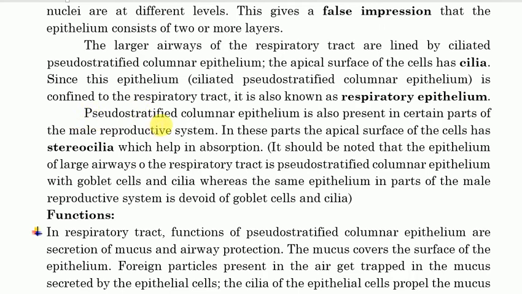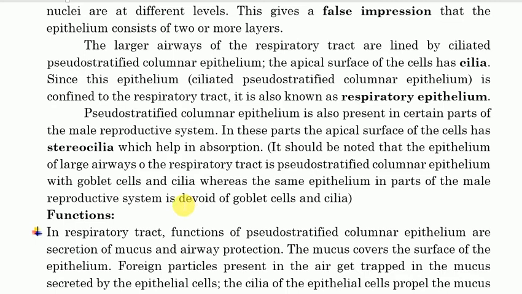So pseudostratified columnar epithelium is also present in certain parts of the male reproductive system. In these parts, the apical surface of the cell has stereocilia, which help in absorption. It has no cilia again, has what? Stereocilia.